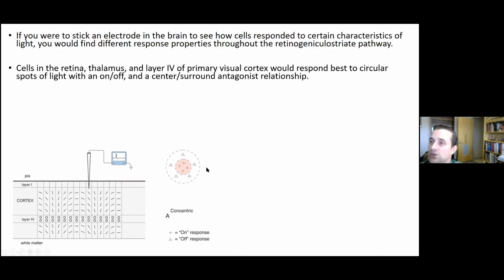All right, so cells in the retina, thalamus, and layer 4 of the primary visual cortex would respond best to circular spots of light with an on-off and a center-surround, so center donut surround antagonist relationship. So you can get excitation when light is shining on the area of maximal intensity, and rebound excitation when the light shines outside, or when you have light turning off outside of that.